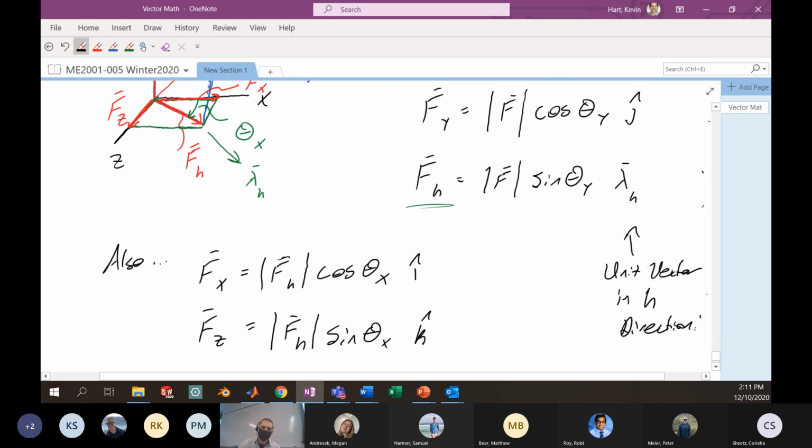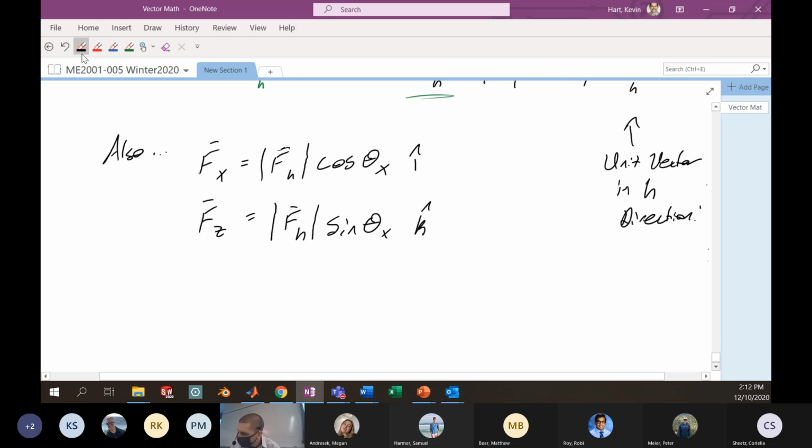Okay, so what's the final point? Well, the final point is if I have one angle that I know between the vector and an axis, and another angle that I know between the projection of that vector and the axis, then I can figure out what all of my components are in the x direction, the y direction, and the z direction. All right.